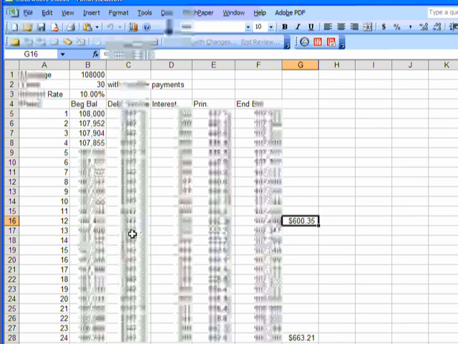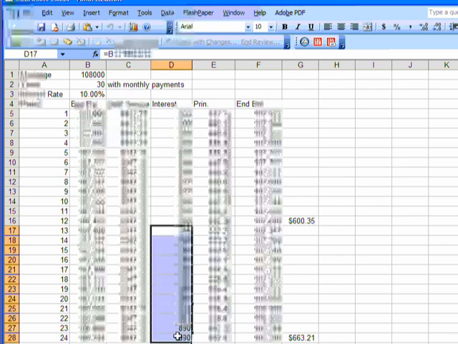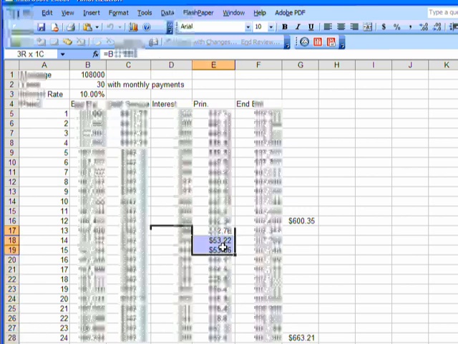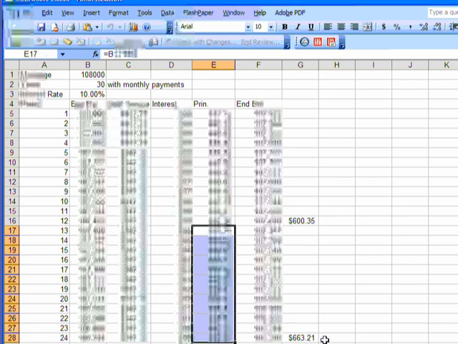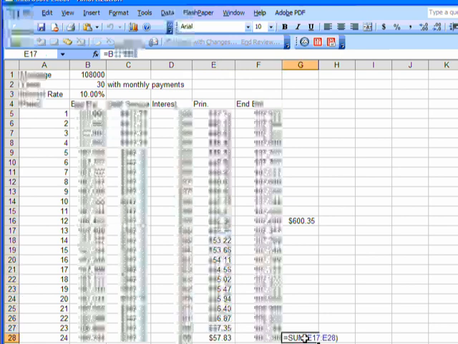Now, if you go to the next year, it starts with payment number 13 and ends with payment number 24. If you sum up those principal reductions, I had the interest column highlighted, but I want to make sure I highlight the principal, or amortization, column. That should sum up to $663.